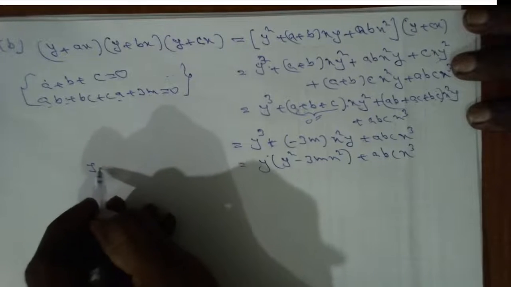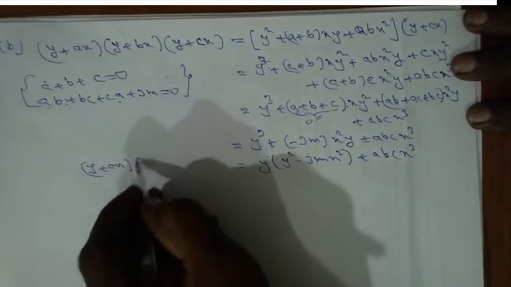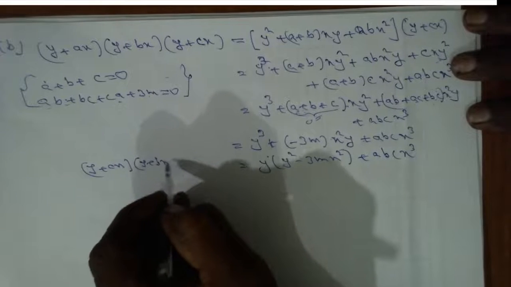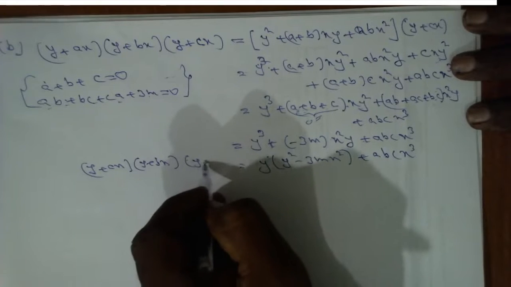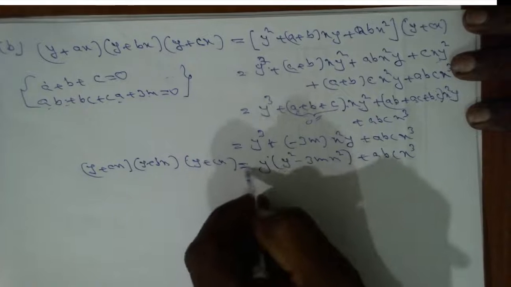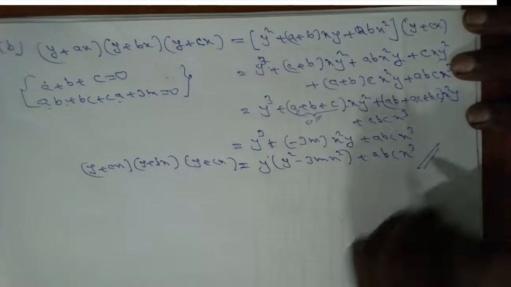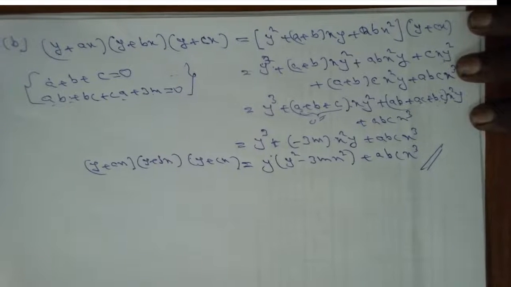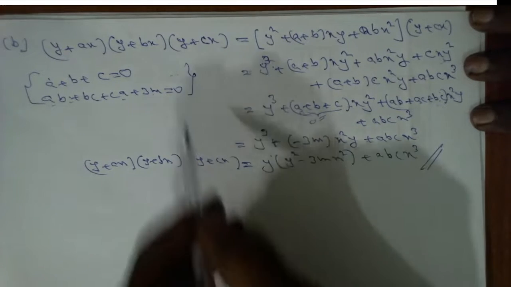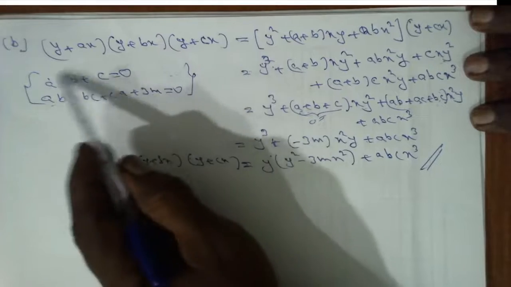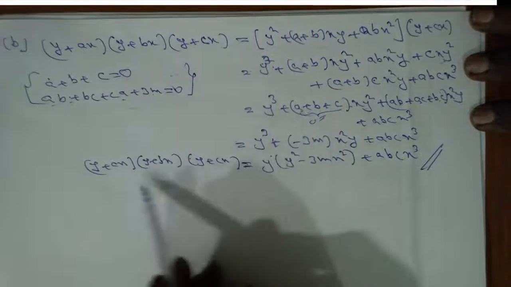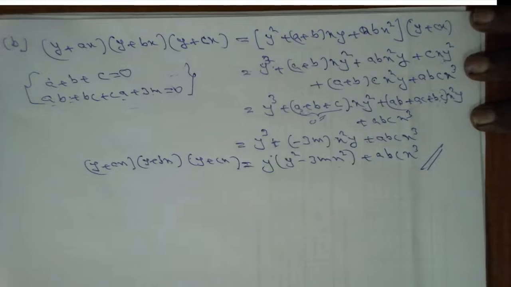So you have (y plus ax)(y plus bx)(y plus cx) equals this, right? Like that. So using these two relationships, you have to prove this equation, right? You have to get this relationship.